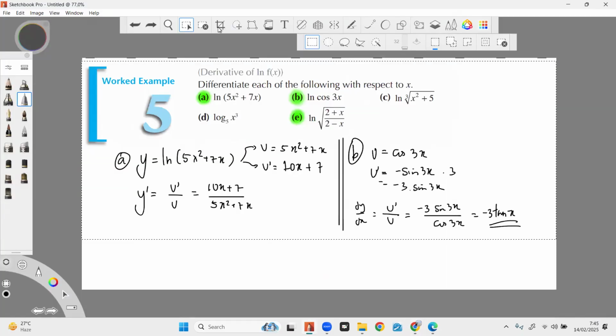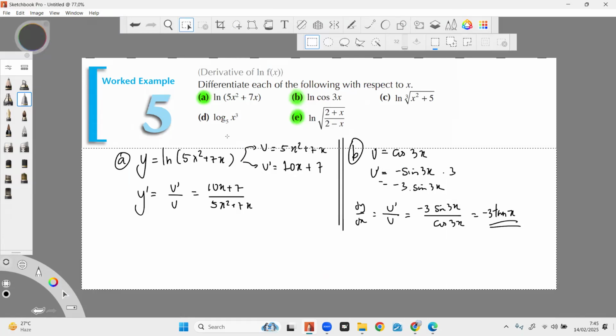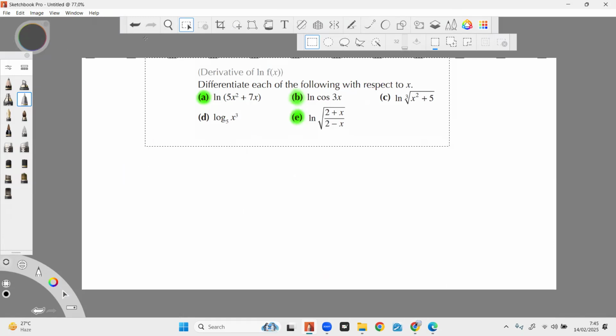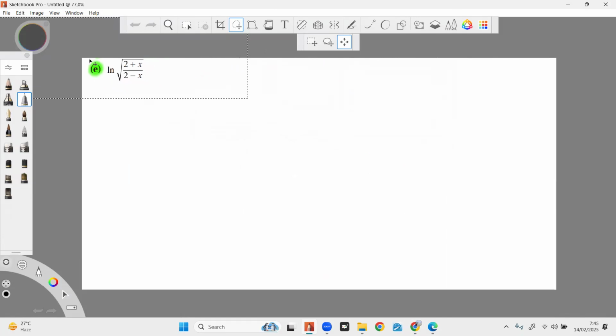Then let's do a particular question, which is 5E. Follow the instruction and you can repeat the video as much as you want until you understand all the topic and all the explanation. Question E, we do the specific hard question here.